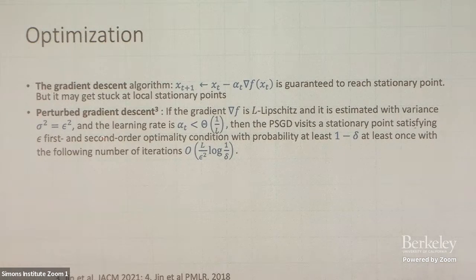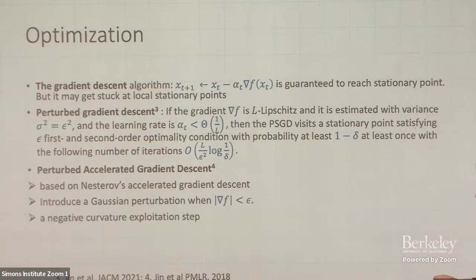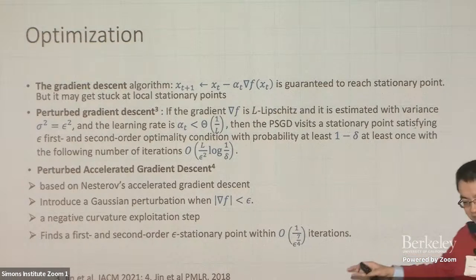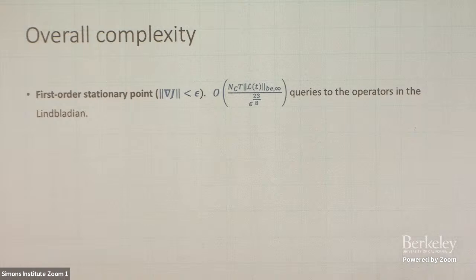There are at least two versions that you can combine with: one is the perturbed gradient descent, and the other is the perturbed accelerated gradient descent. This one has a slightly better complexity. Now it's about combining these different pieces together, right? The graduate students involved in this project spent a lot of time trying to follow these proofs and see whether they can be combined with the quantum algorithms. So this took a lot of time to put together.